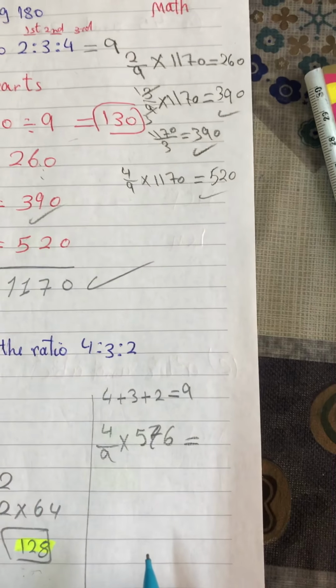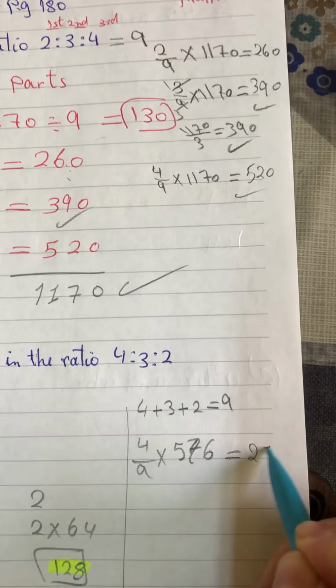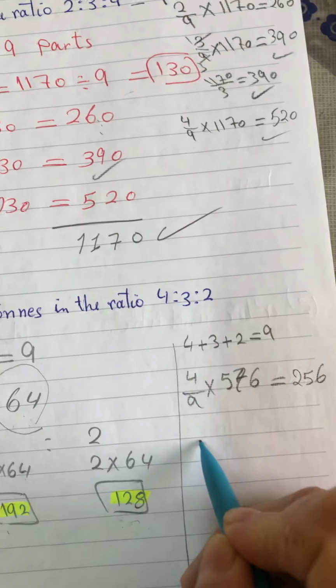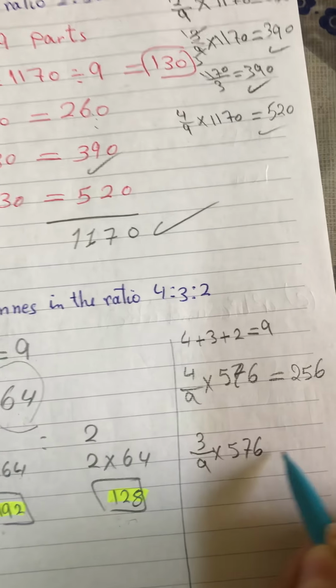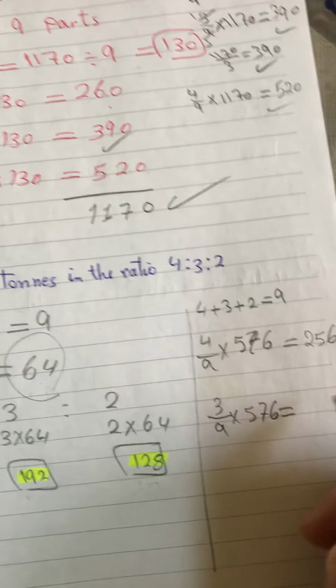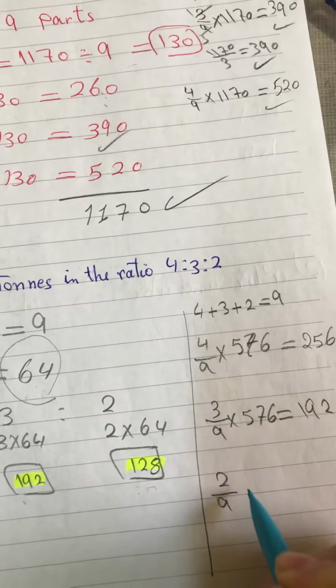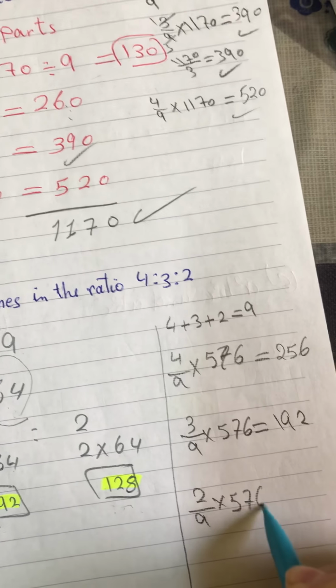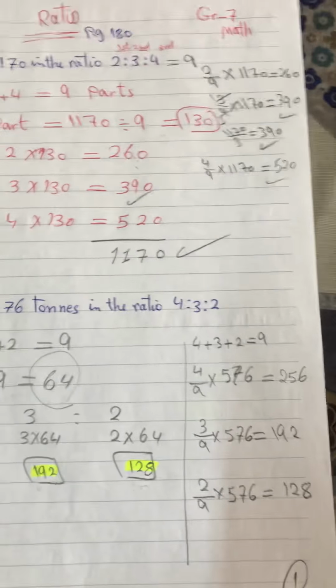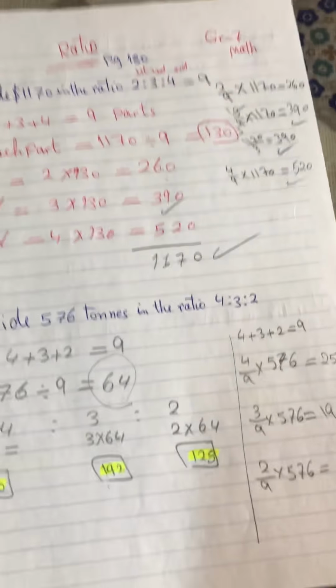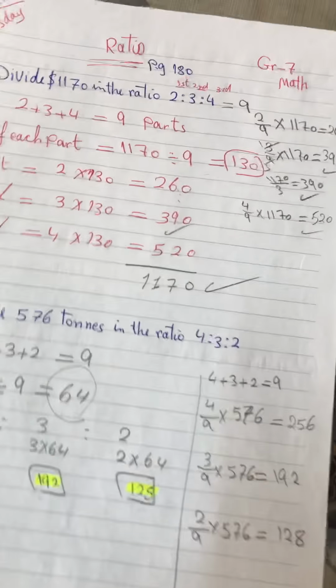You will get the same answer, 256. And take 3 divided by 9, multiply 576. You will get the same answer, 192. And 2 over 9 multiply 576 tons. You will get the same answer, 128. It's up to you. Use the method you prefer.